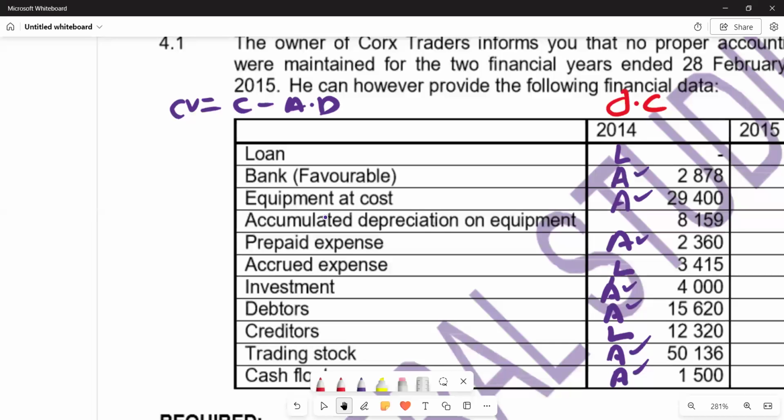So if you come here now, for the opening assets, total of assets, we are going to say 2,878, which is for bank, plus 29,400, plus 2,360, plus 4,000, plus 15,620, plus 50,136, plus 1,500. Those are all the assets that we have for 2014. Then we go there, we just add them.